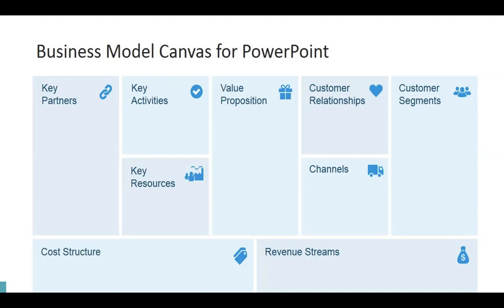To the left, we've got key activities, key resources, and key partners. And then on the bottom, we have our cost structure and our revenue stream. So that's what the business model canvas looks like. And we're going to talk about each one of these here a little bit more in just a moment. But I wanted you to definitely see what the business model canvas looks like.